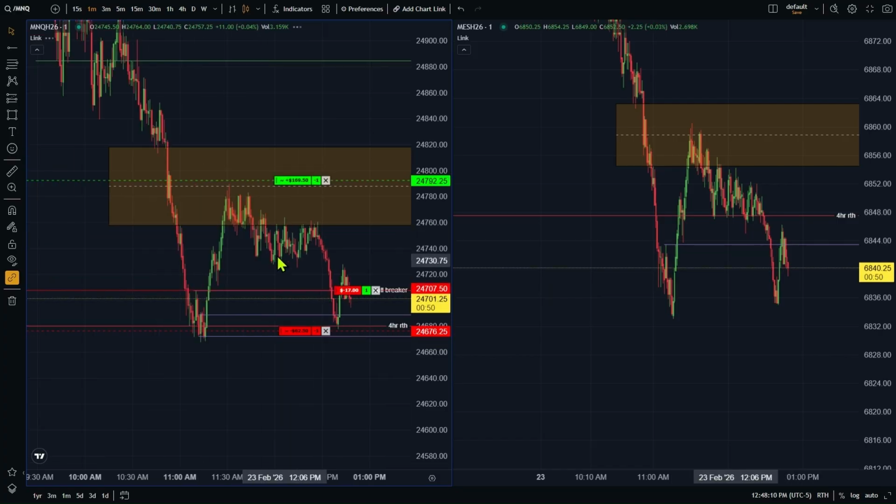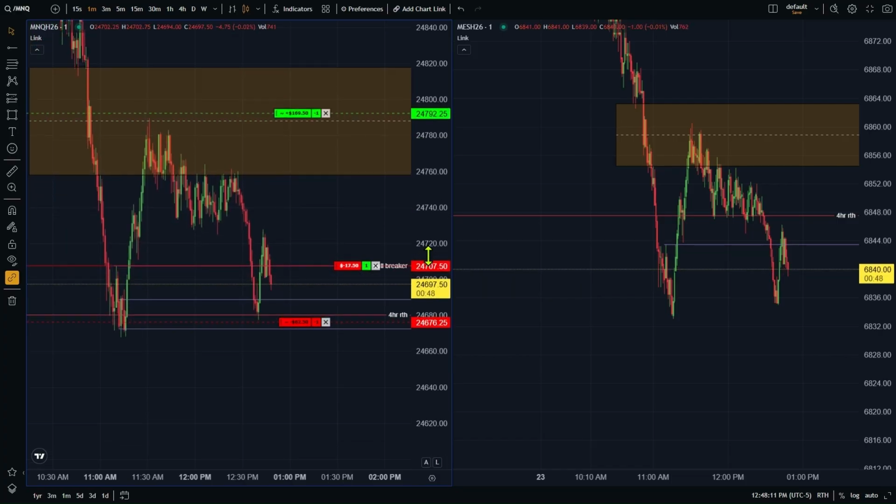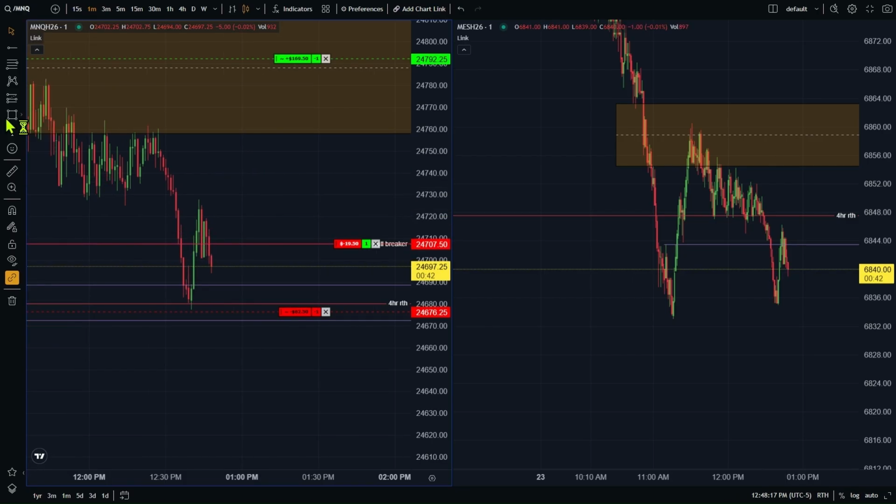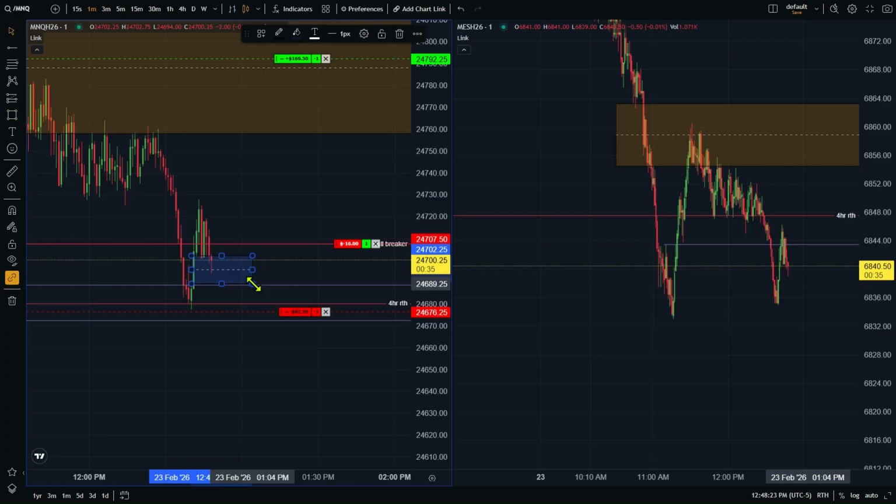Not looking good. We do still have this fair value gap right here that we pulled away with, but we are not making the kind of move I would expect after creating one of these. I would expect it to wick into it and adios.